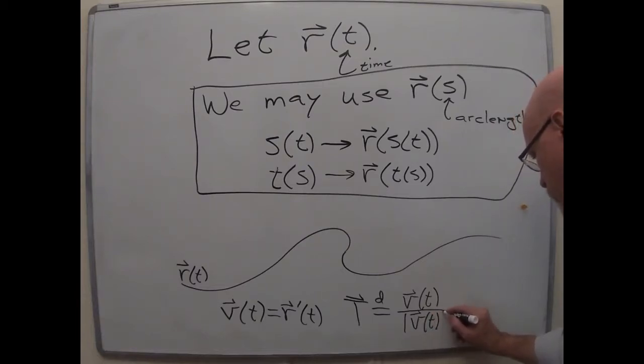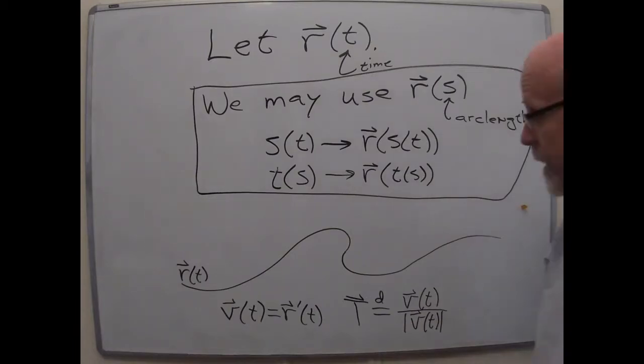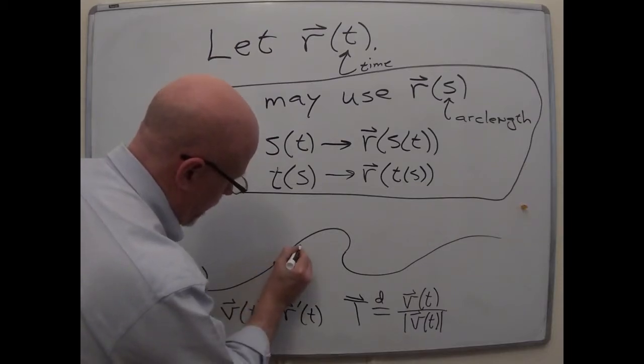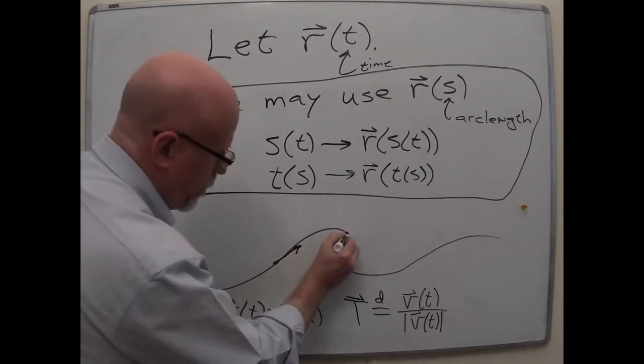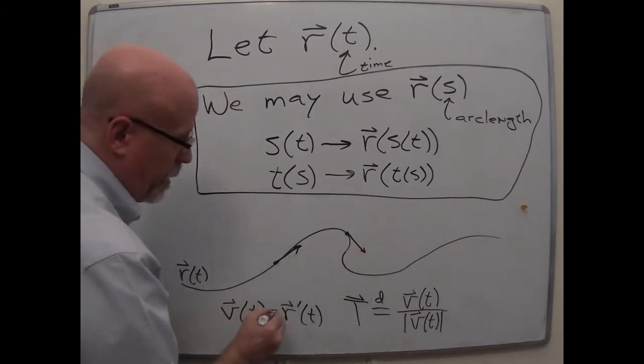Darn, I just noticed I made a slight mess up here. You notice how I haven't mentioned the fact that this is a function of what time it is? Well, it clearly is, right? Here I would have a little unit tangent vector pointing that way, but over here, at a different time, I'd have a little unit tangent vector pointing that way.